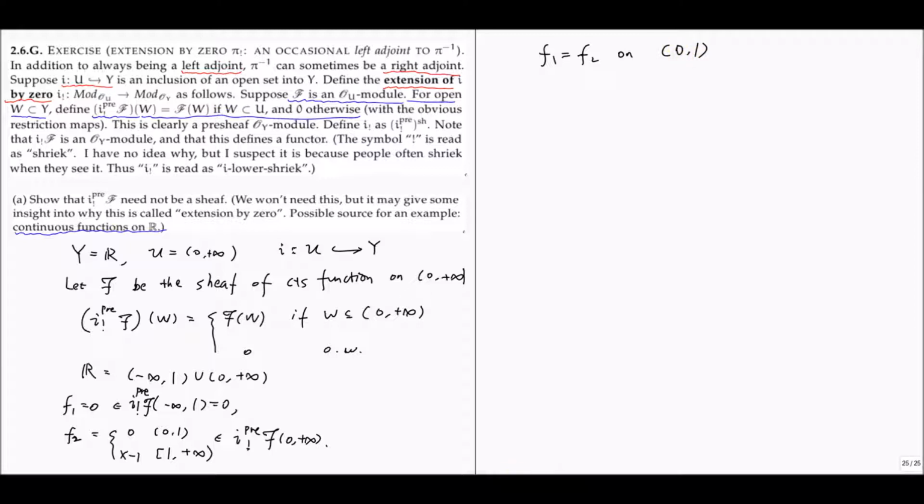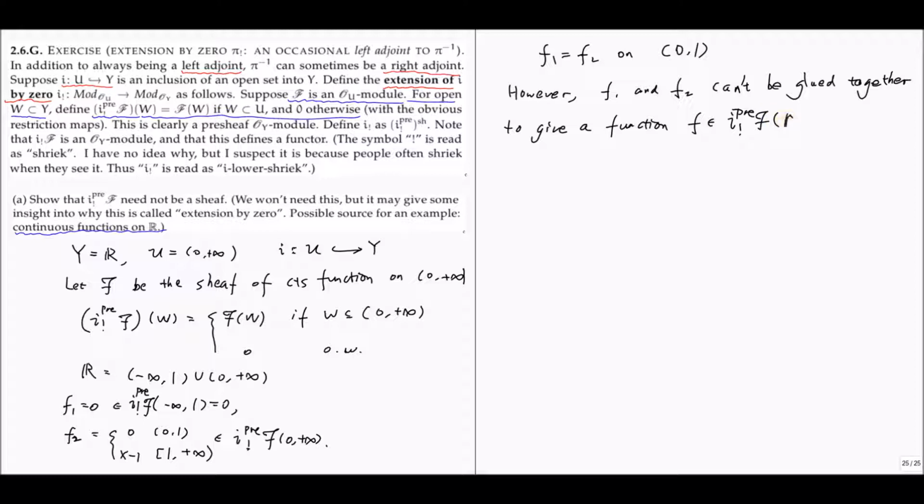However, f1 and f2 cannot be glued together to give a function f in here, because this guy is 0 by our definition.